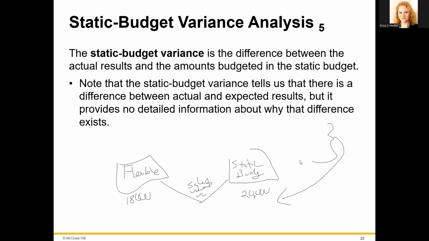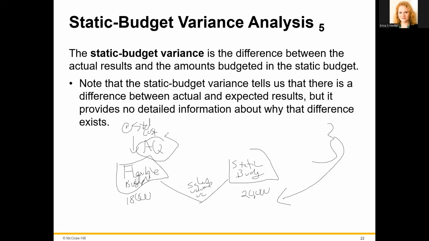Now, the static budget variance is the difference between our actual results and the amounts budgeted in the static budget. In addition to this, our flexible budget is the amount that we would budget at standard cost, but with our actual quantity.